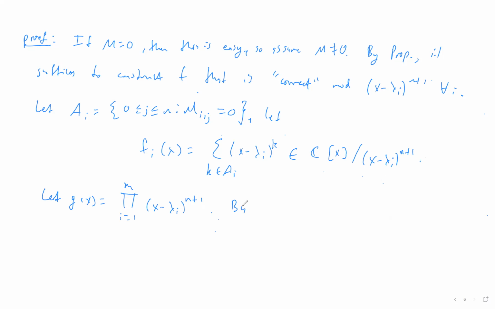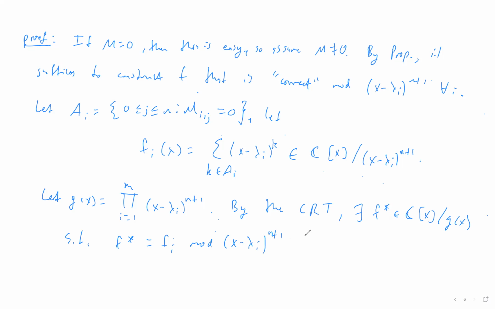So by the Chinese remainder theorem, and this is really doing all the work, there exists some f star, which is in C adjoin x mod g of x, such that f star is equal to f_i mod (x minus lambda_i) to the n plus 1 for all i. So this is fine. This is just because the lambda i's are all distinct.